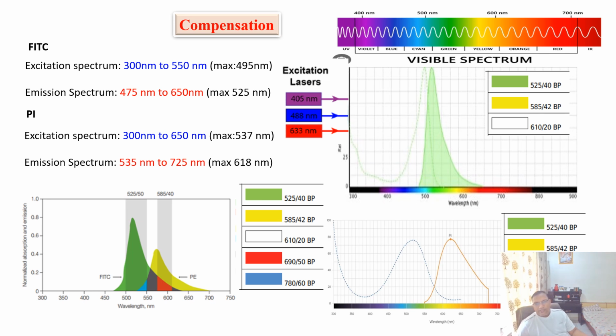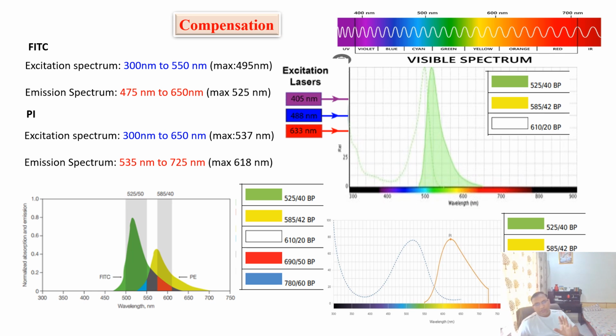So FITC is not only detected by one filter. The emission spectrum of FITC ranges from 575 to 650, which means this FITC can be detected by this one, this one, this one, this one.